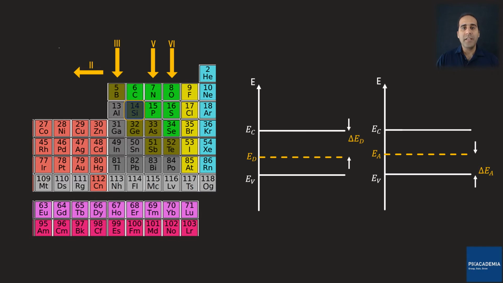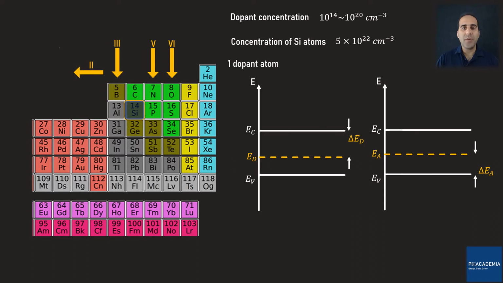For silicon, the dopant concentration is normally on the order of 10 to the power of 14 to 10 to the power of 20. If you compare this with the concentration of silicon atoms, which is 5 times 10 to the power of 22 per centimeter cube, you will soon find that for one dopant atom, there are 500 atoms in the extrinsic semiconductor, if the dopant concentration is 10 to the power of 20 per centimeter cube, which is the high end.